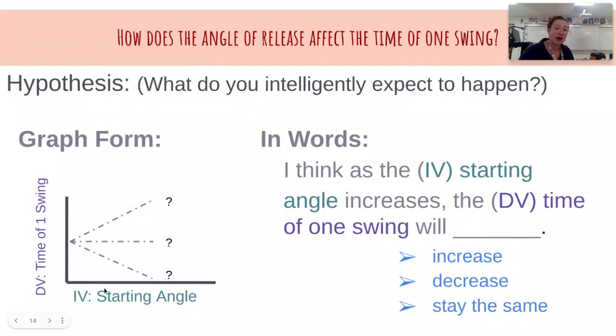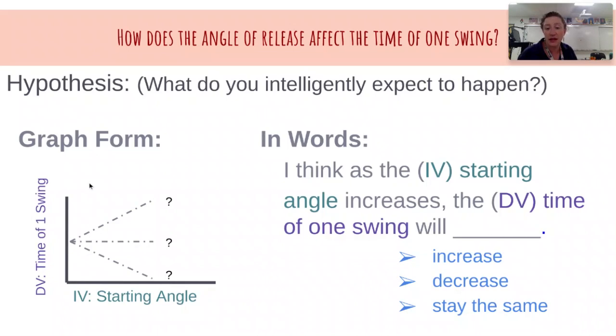This is a graph of starting angle versus time of swing. What I'm really checking here is, are you able to make a graph that matches what you say in words? Do you have an idea of what the data is going to look like once we've collected it? If you think that the time of one swing will increase, what would that look like as a graph? If you think that the time will decrease when we increase the starting angle, what kind of graph would that look like?